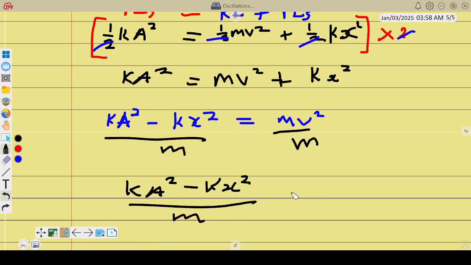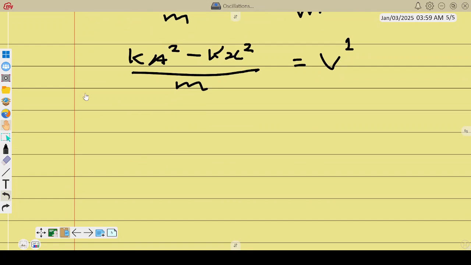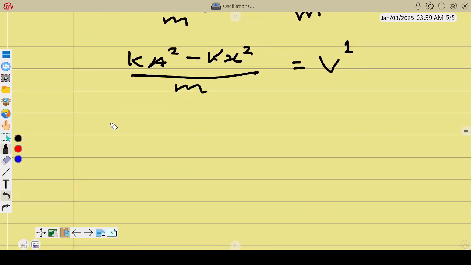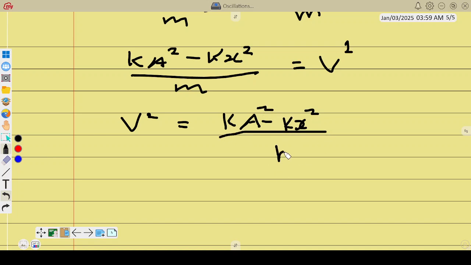So this is equal to v squared. We're going to say v squared is equal to ka squared minus kx squared, over m.